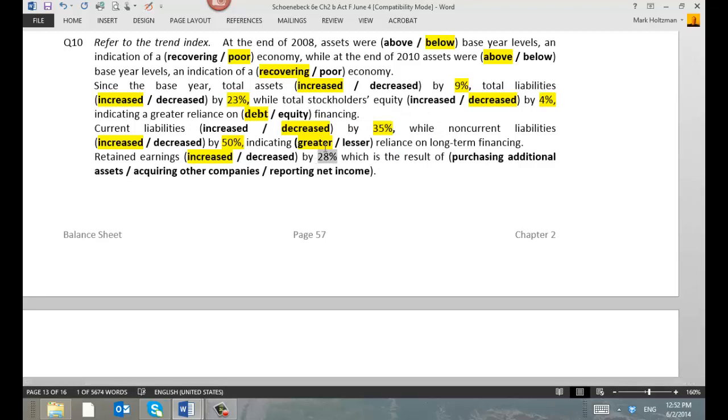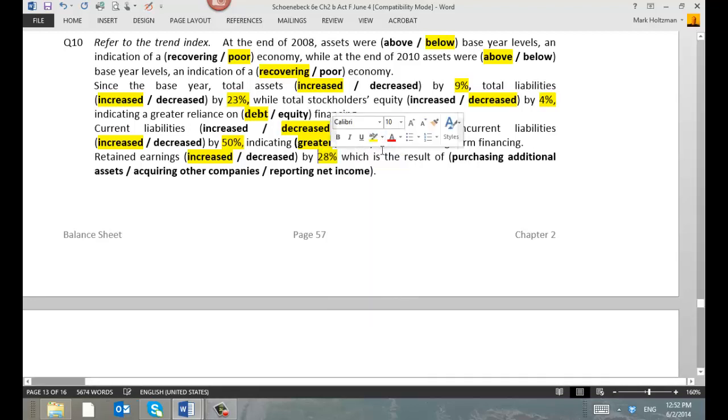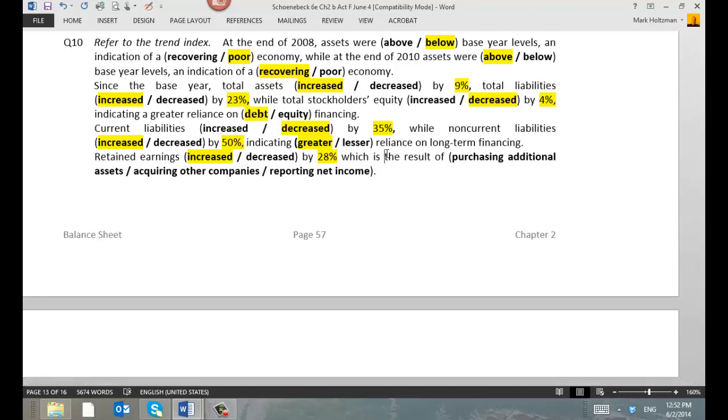And why would retained earnings increase? Purchasing additional assets, acquiring other companies, or reporting net income. Profits that were not distributed as dividends. Remember, that's what retained earnings is. It's profits not distributed as dividends.